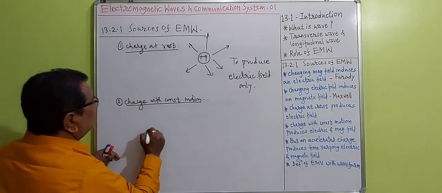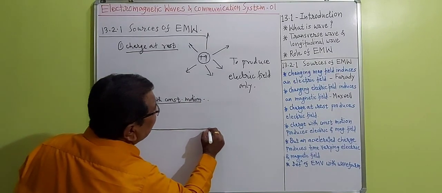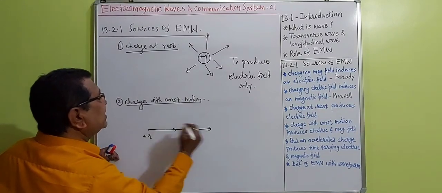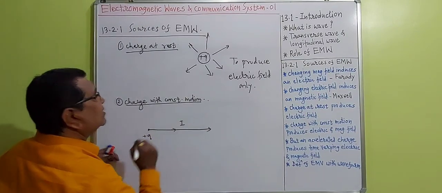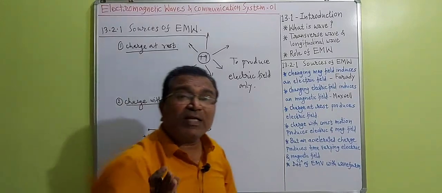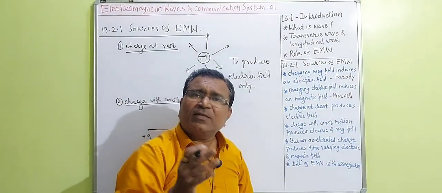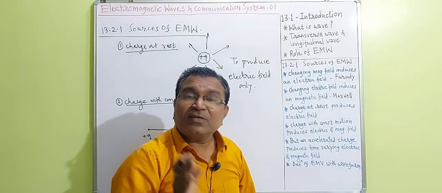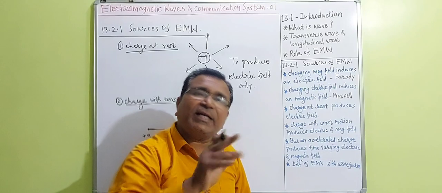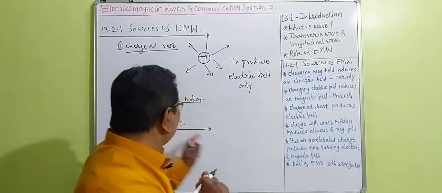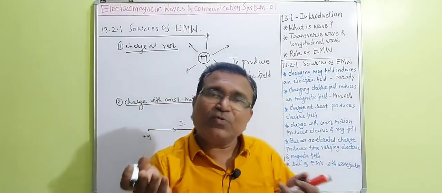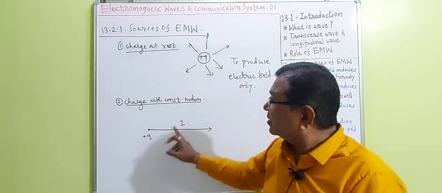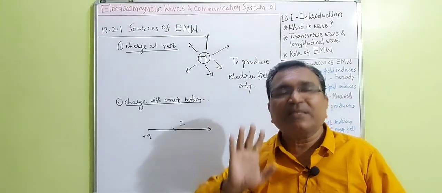If the charge is moving constantly like this, there is no acceleration. As long as there is a motion, there is a production of current. And as long as there is a production of current, there is a production of magnetic field. So here, constant electric and magnetic field is produced. A charge produces electric field, current produces magnetic field.